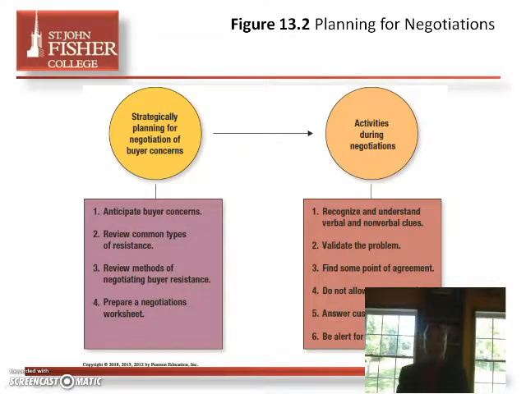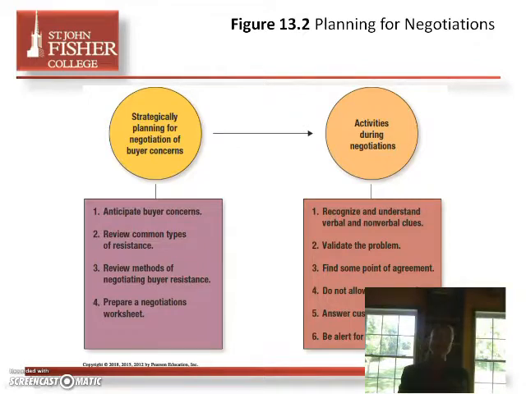The key thing is to plan for negotiation. One of the things you want to make sure that you do is understand what do I want and what do I think the prospect or the buyer wants. So we need to anticipate the buyer's concerns and review the methods of negotiation.